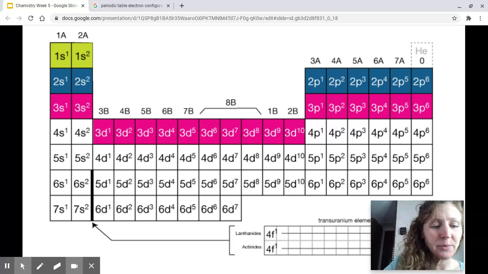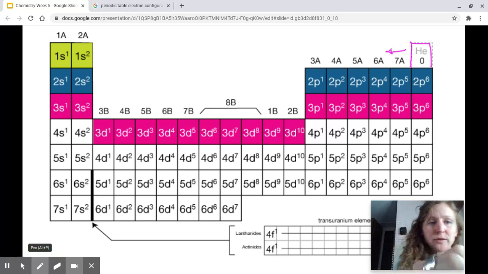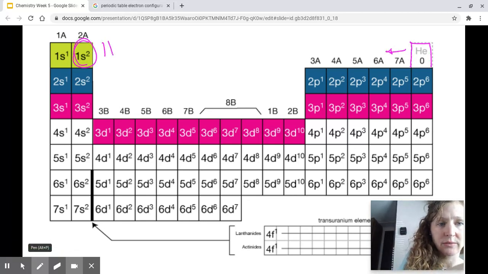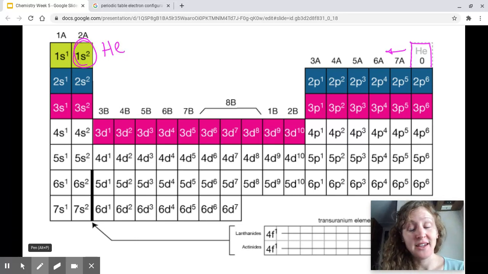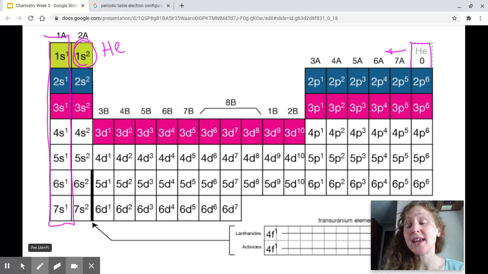Okay, so notice the person who made this periodic table took helium and moved it over. So this actually is helium. Okay, but notice on here that when we write out the periodic table and we replace the symbol with the very end of the electron configuration, we notice some big patterns that happen, right? This whole first family has the very same end of their electron configuration.